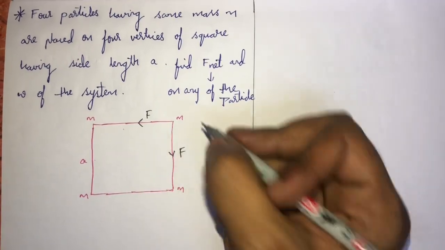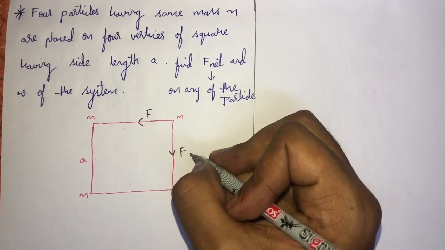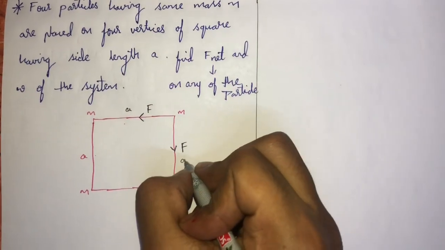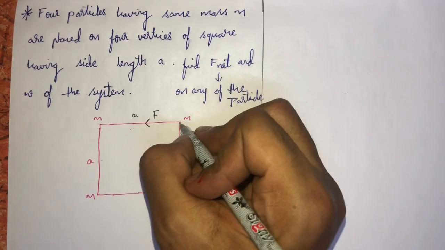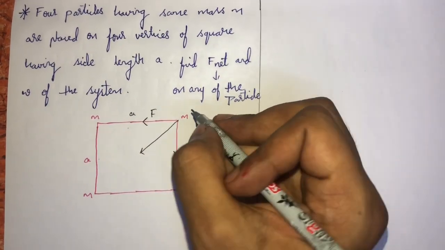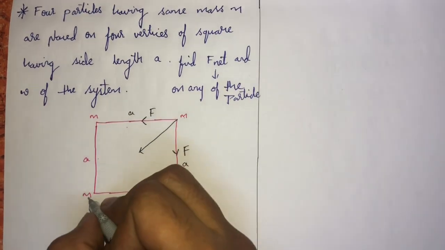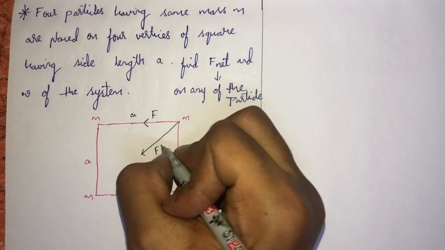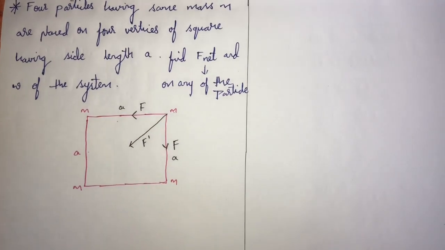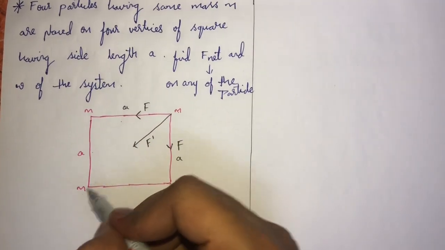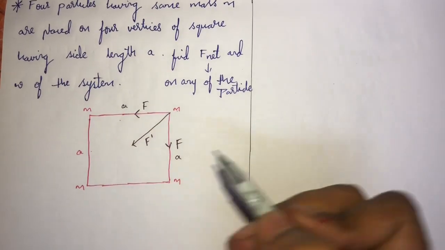Both these forces have equal magnitude as the distance r is equal to a. But the force on this mass will be F dash. It will not be of similar magnitude, as here the distance is different. This is the diagonal distance, whereas here the distance is a.